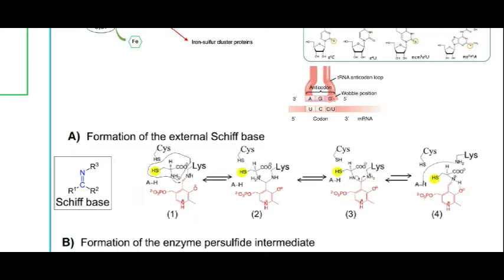The way I always remember how the mechanism for the Schiff base goes is it's a primary amine here that binds to a carbonyl carbon, or a ketone carbon to be precise. So it'll go through a mechanism like that.